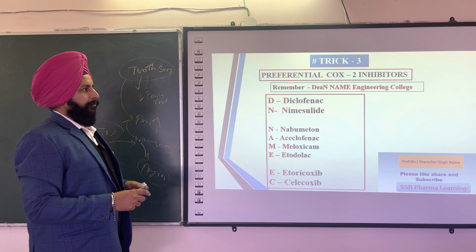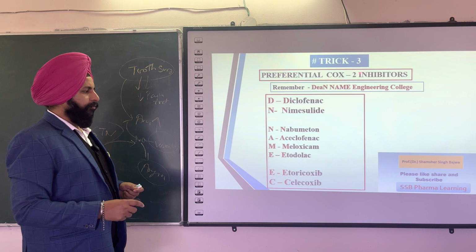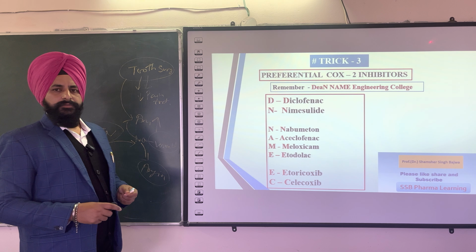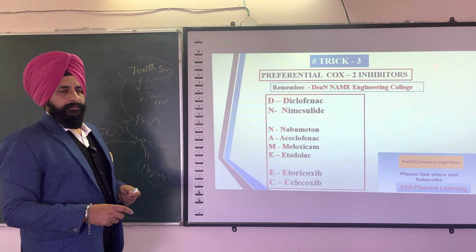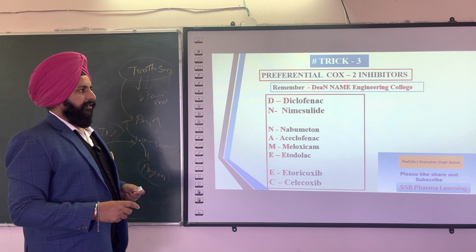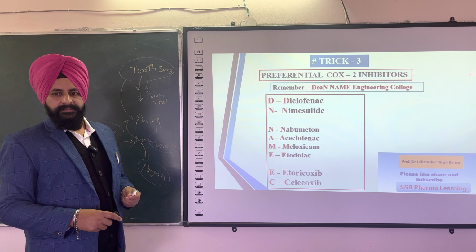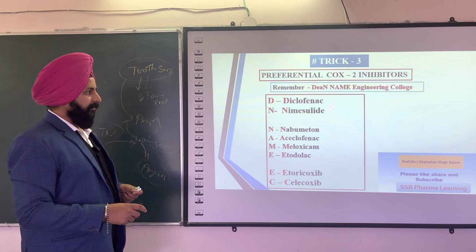You can remember preferential COX-2 inhibitors. Basically you can remember COX-2 inhibitors. So the trick is for COX-2 inhibitors: remember, Dean Name Engineering College. So all COX-2 inhibitors you can remember by this name.